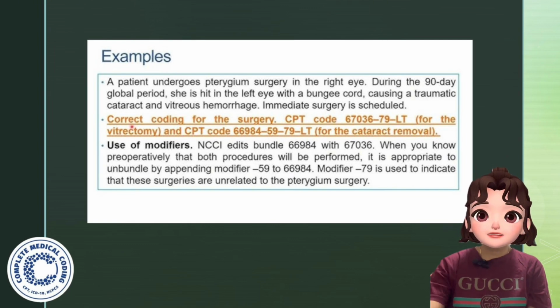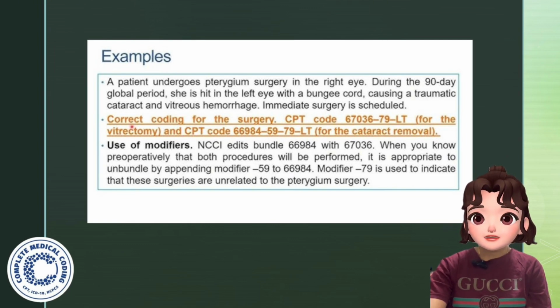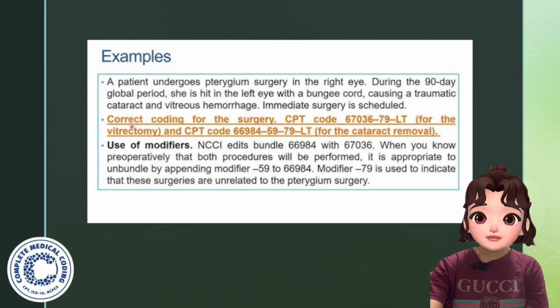Now CPT code 66984 with modifiers 59, 79 and LT. That is for the cataract removal. Code 66984 represents the cataract removal, where the provider inserts an artificial lens after removing the extracapsular cataract.